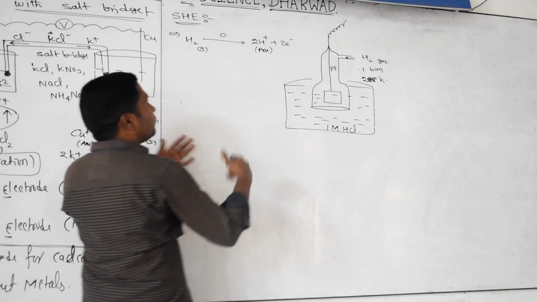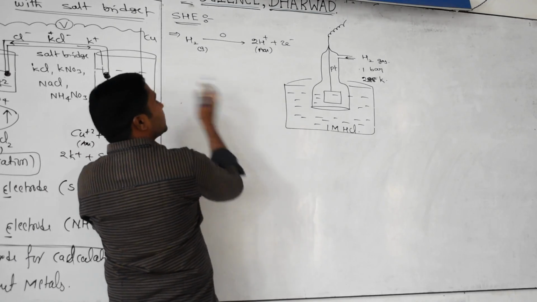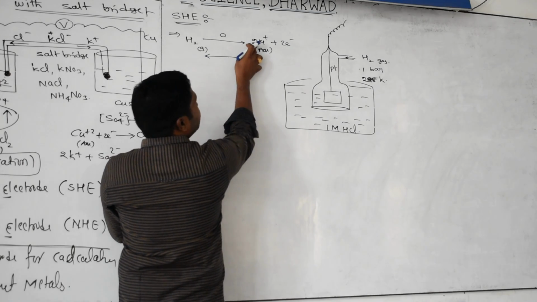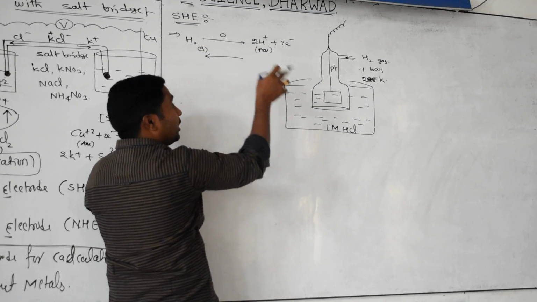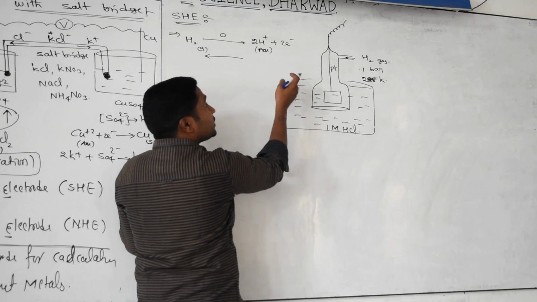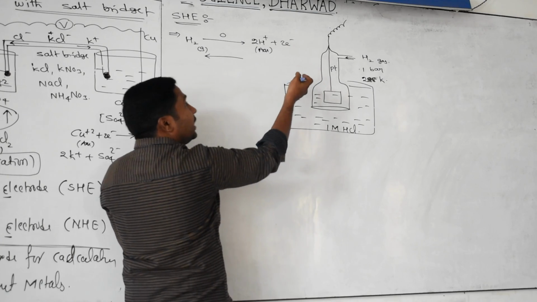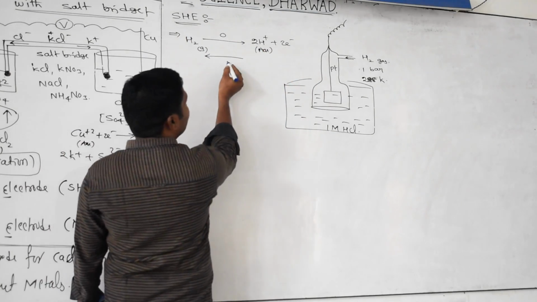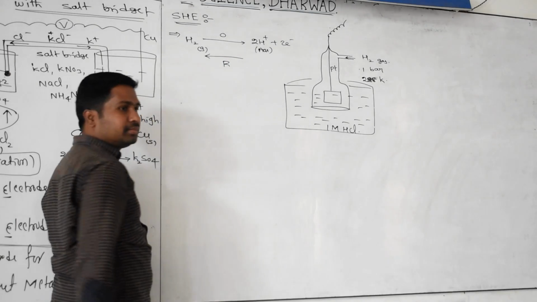After some time, what happens? The reversible process will start. The 2 H plus particles coming from hydrogen gas and already present in the 1 molar HCl solution will receive electrons and recombine to give hydrogen gas. This process is called reduction.